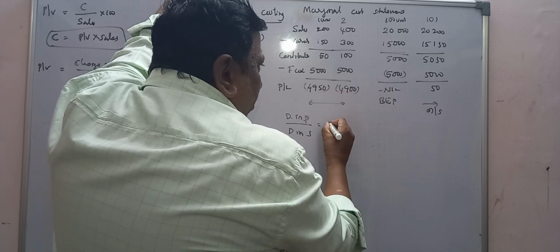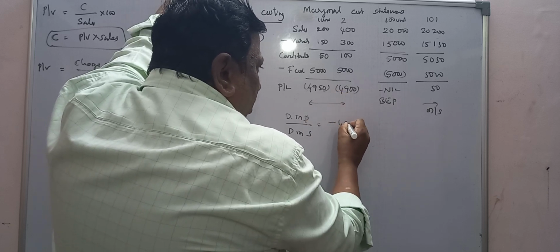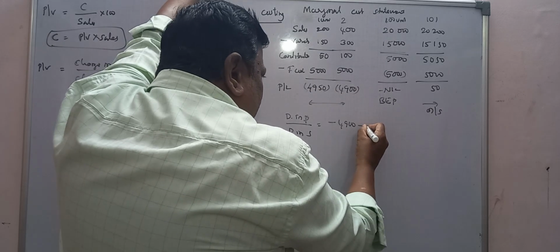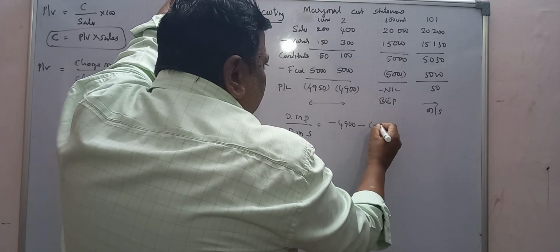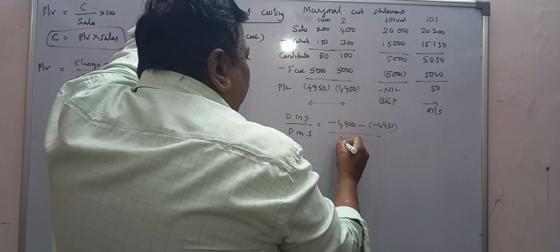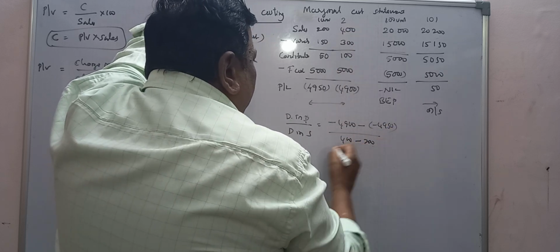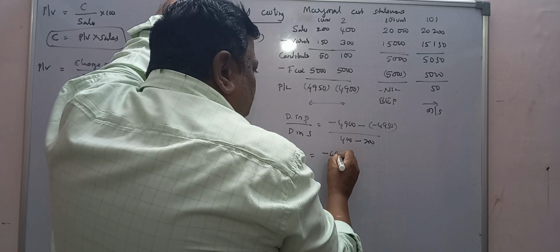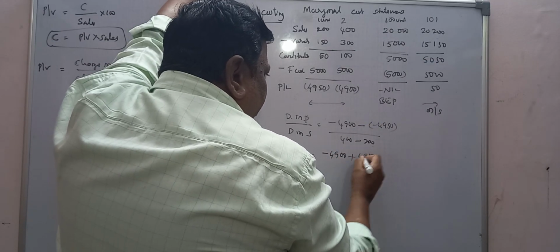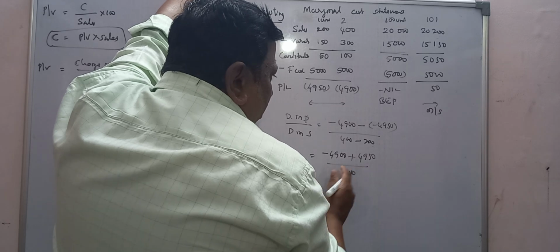See, minus 4,000 loss, right? I am showing this difference, and this also is minus, right? Minus 4,950 divided by sales, how much? Again 400 minus 200. Minus 4,900 minus minus 4,950 gives plus 50, divided by again 200.